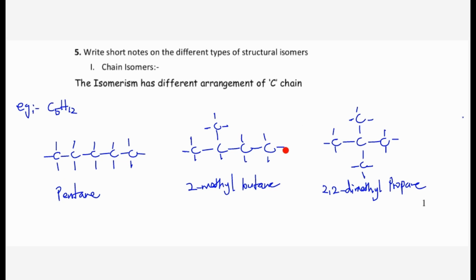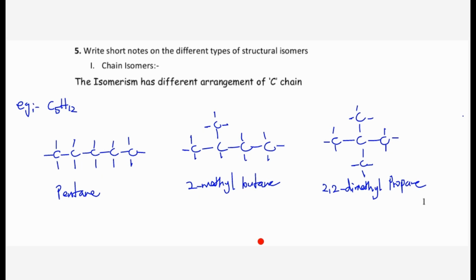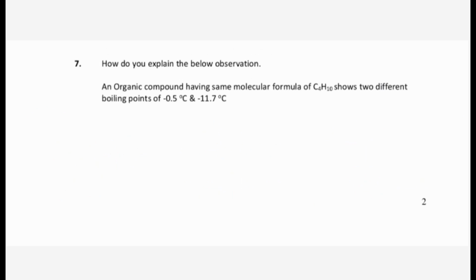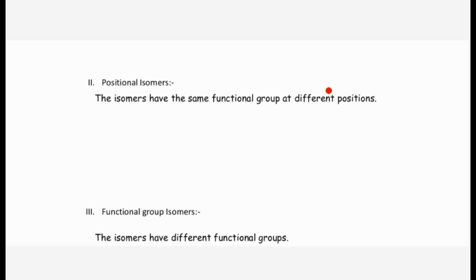Okay, right. So this is a chain isomer. The next is a positional isomer. When it comes to positional isomers, the position of the functional group will differ. For example, say C3H7OH. One can draw propan-1-ol.